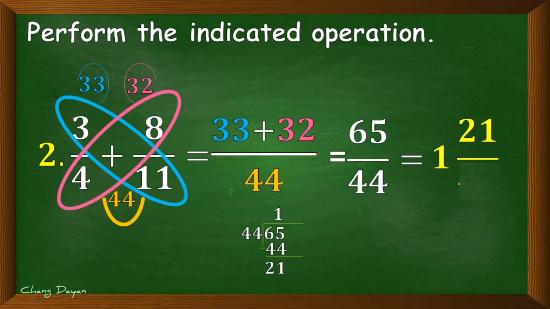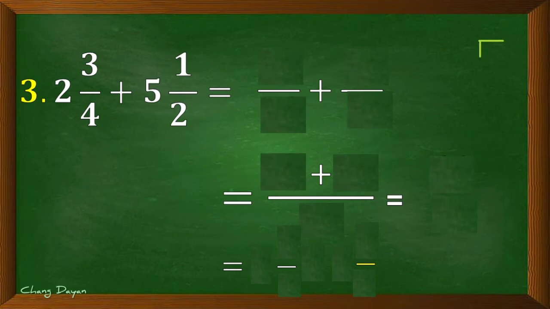And 21, galing sa remainder. At 44 ay galing sa divisor. Ang ating final answer ay 1 and 21/44.